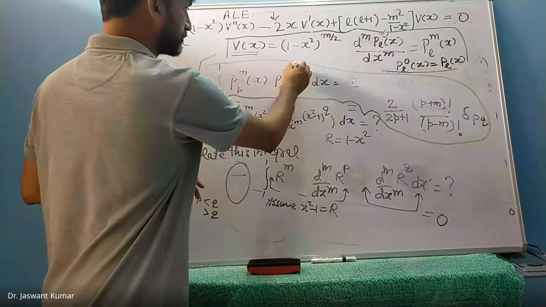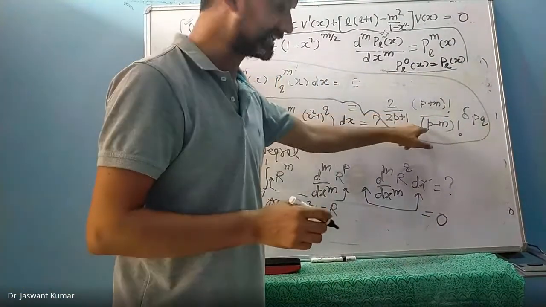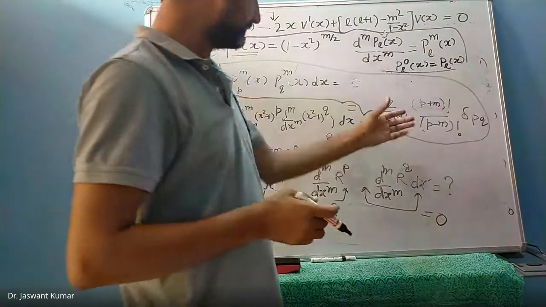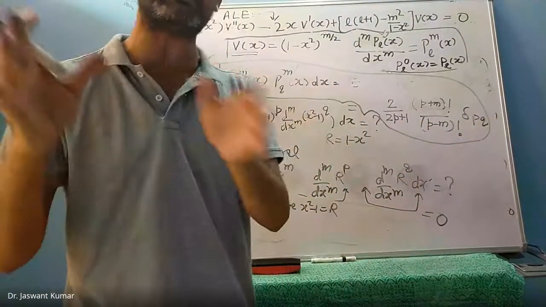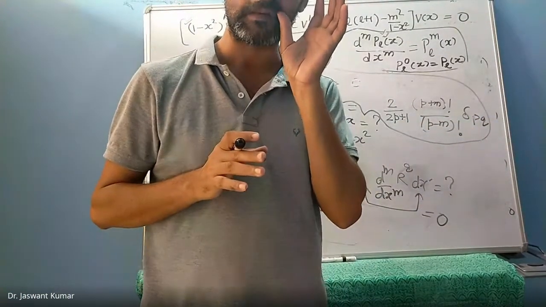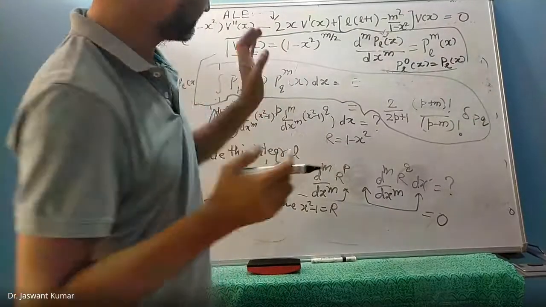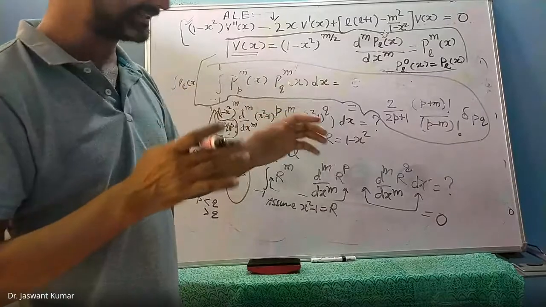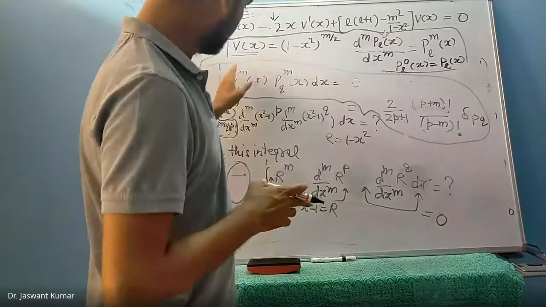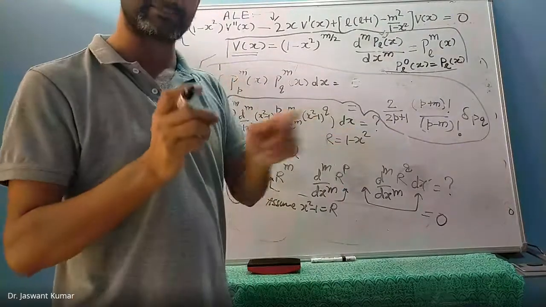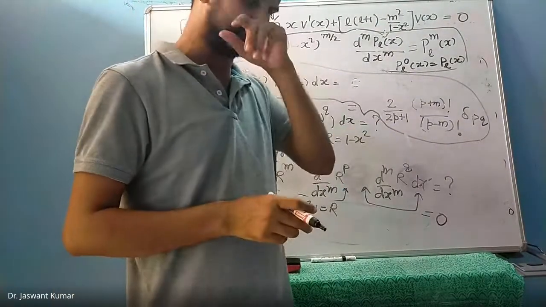Suppose this is m dash, then there will be additional terms, means instead of delta pq there will be a delta mm dash also coming. That also you can prove, that if m and m dash are different, then there is a particular relation there also.